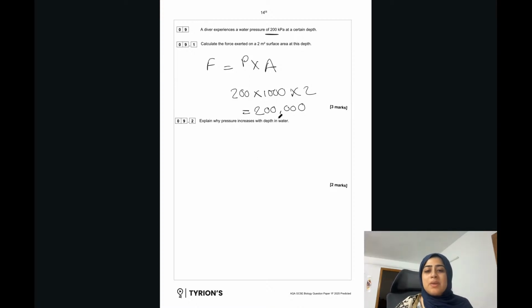Explain why the pressure increases with depth. So pressure increases with depth because the deeper you go, the greater the weight above you, and this creates a larger force on an area at greater depths.